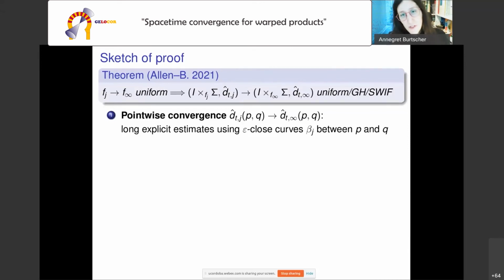You assume, of course, that null distance is defined as the infimum over all null lengths of all these piecewise causal paths. And so in order to get these estimates, you have to look at these kind of curves and estimate them in a useful way. I'm not going into the details of that. The basic idea is just that. And then you just have to very carefully do these computations.